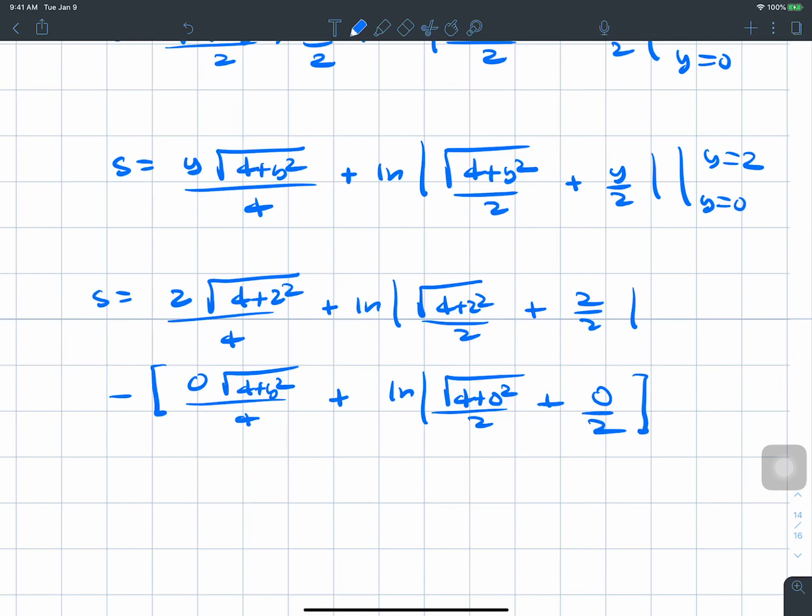So let's quickly check we're not making any mistakes. Okay, let's try to simplify this. There's a 0 here. This here is 1.